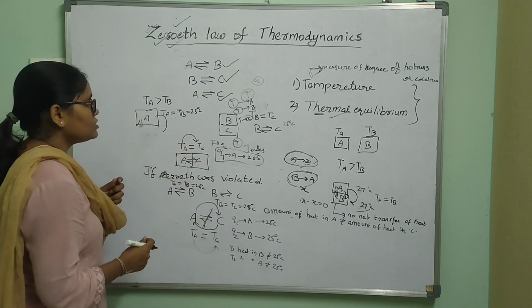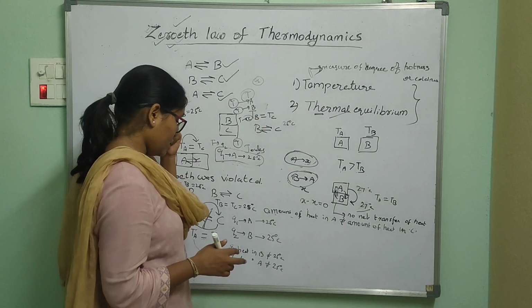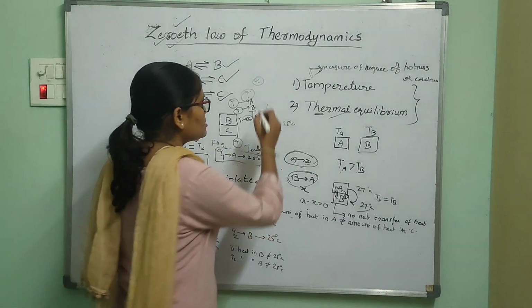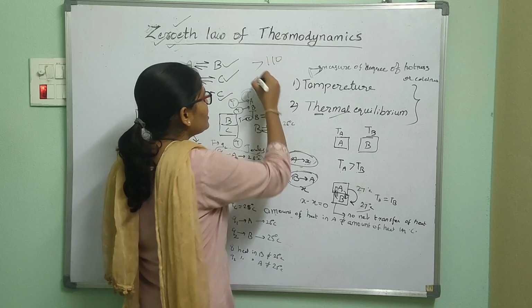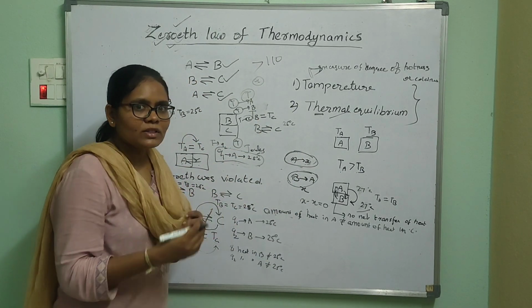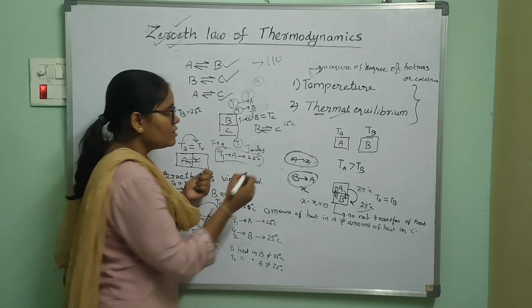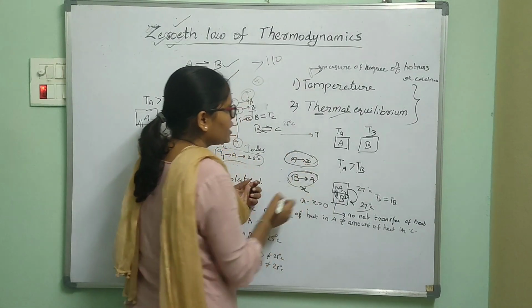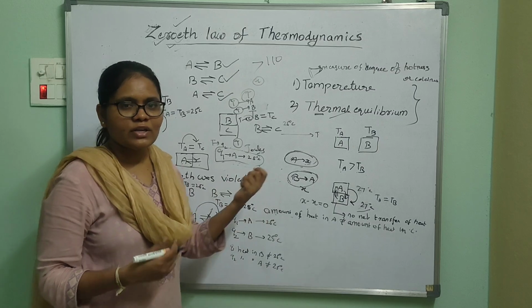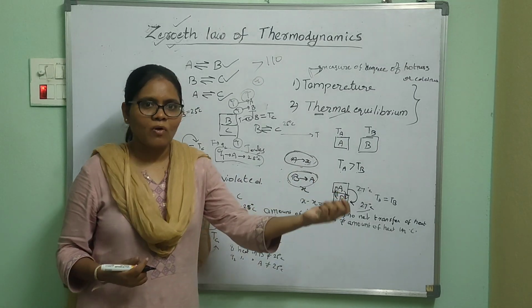So now imagine there are more than 110 elements in the periodic table, right? And all the elements should have their own temperature scale. We cannot have this unique temperature scale for all the objects. Now we have a universal temperature scale for water, oil.